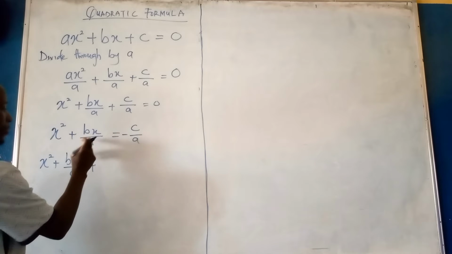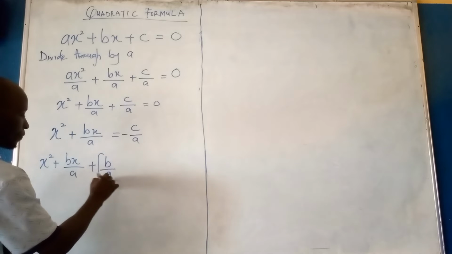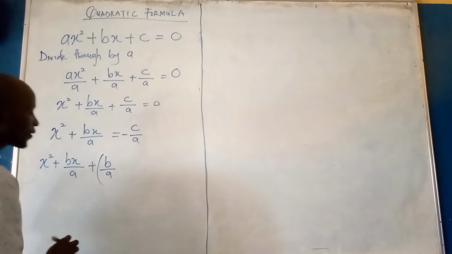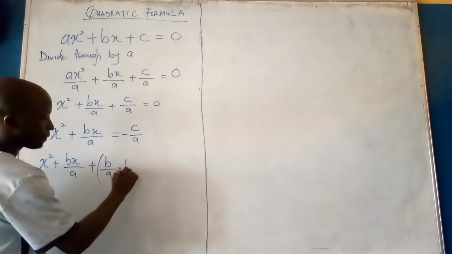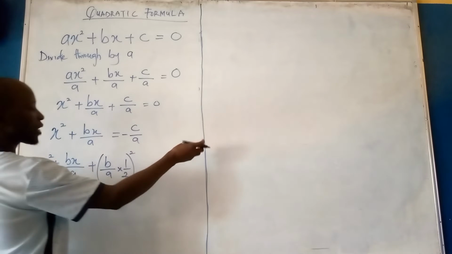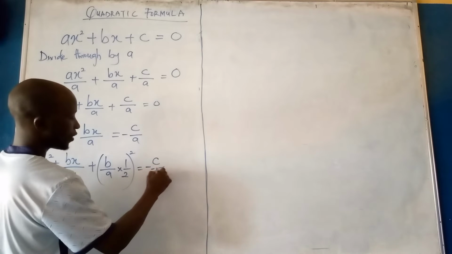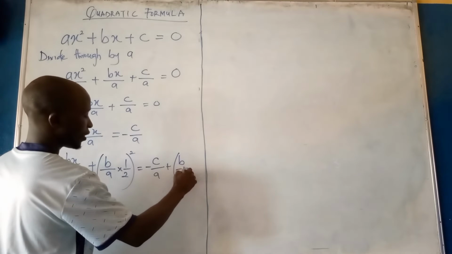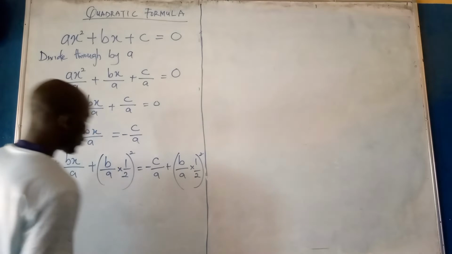The coefficient of x is b over a, so b over a multiplied by 1 over 2, then squared. Exactly what you have here, we're going to add to the other side too: equals minus c over a plus b over a multiplied by 1 over 2, everything squared.